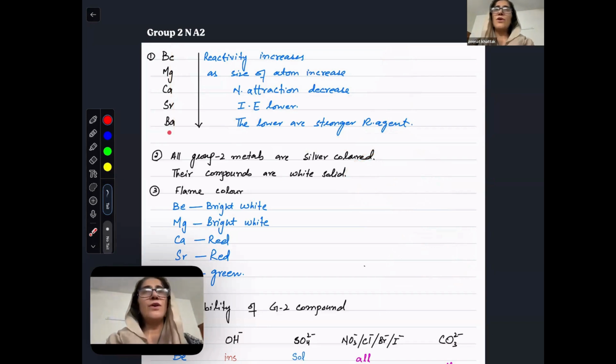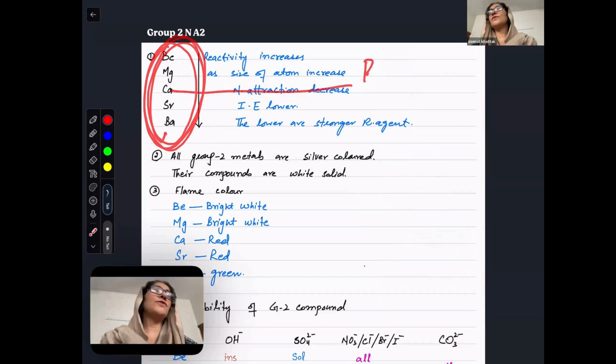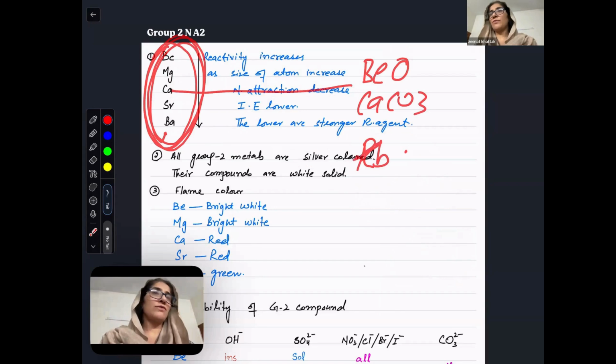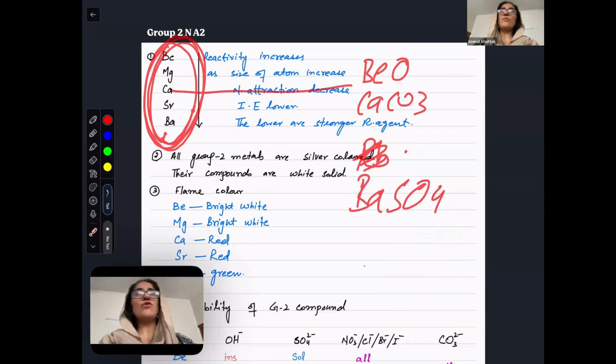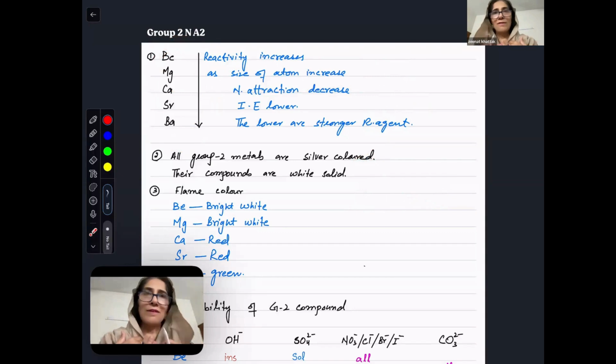Second, all the group 2 elements are silver colored, and their compounds, beryllium oxide, calcium carbonate, barium sulfate, are white solids.